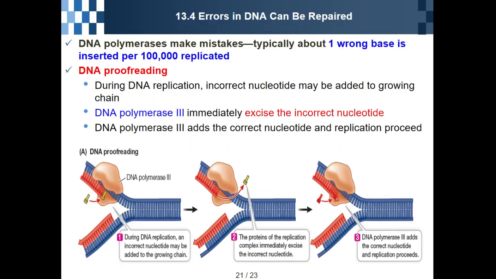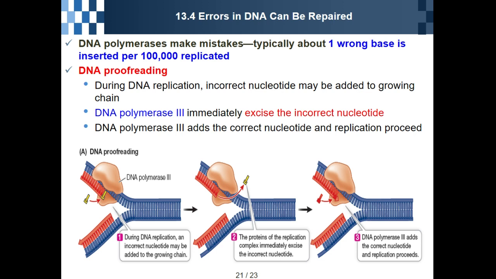Now we will cover the fourth subject, errors in DNA can be repaired. Okay, so as people become older and older, an old person has a higher percentage of getting cancer, isn't it?